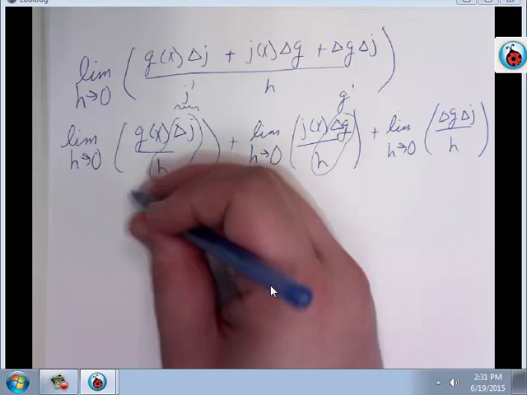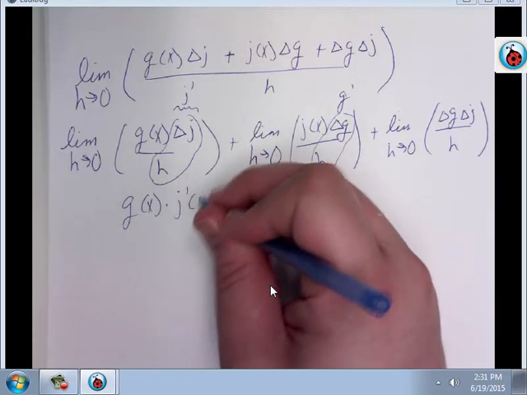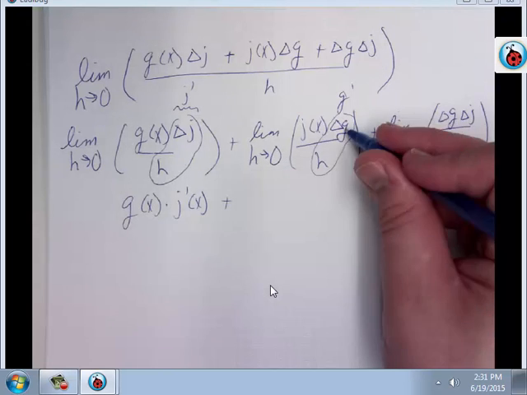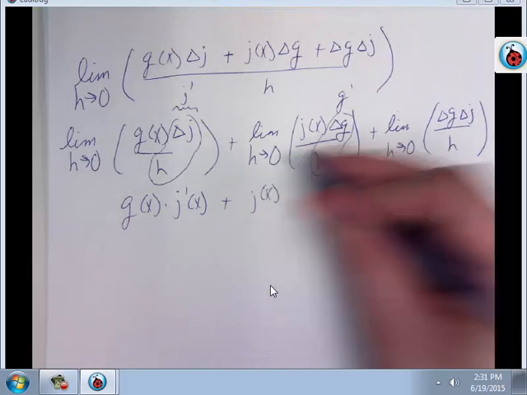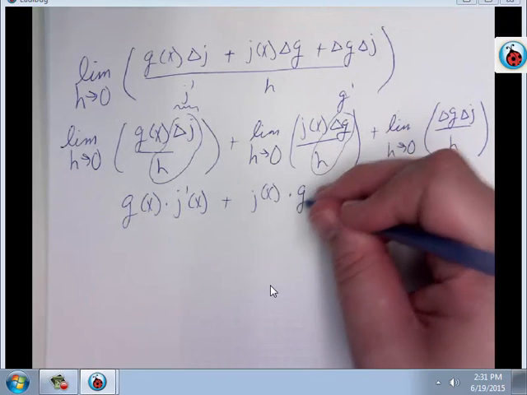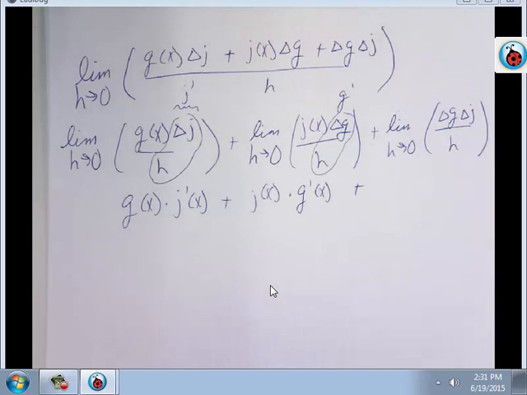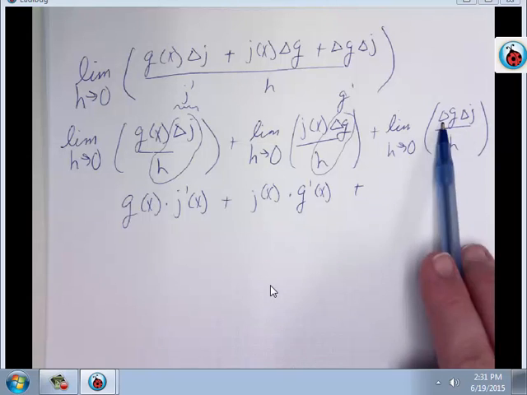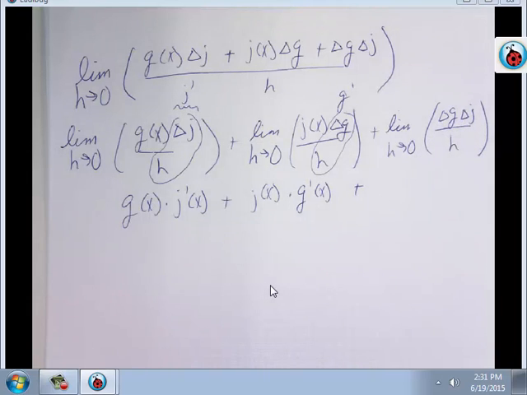So it's going to be g of x times j prime of x plus the same idea here. j of x doesn't change while h changes, but delta g over h becomes g prime of x. Now here's the fun part. These both change with the limit, so I can't pull either one out.